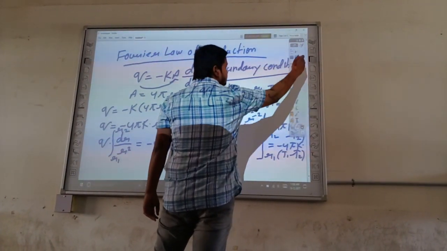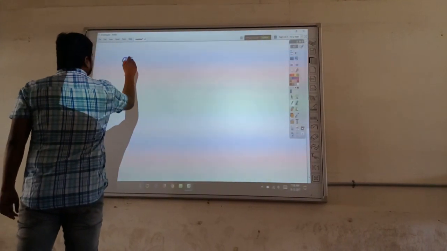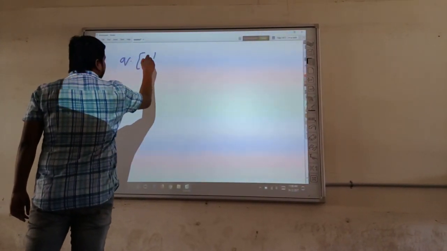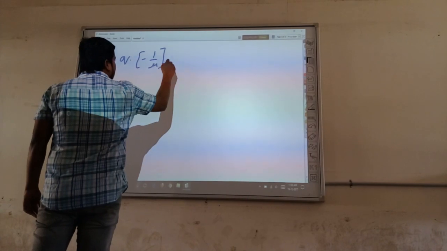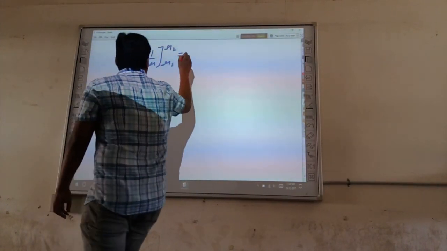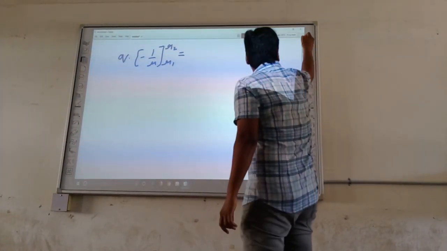So we'll simplify this. Q, minus 1 upon R. I'm teaching you integration that you know very well.